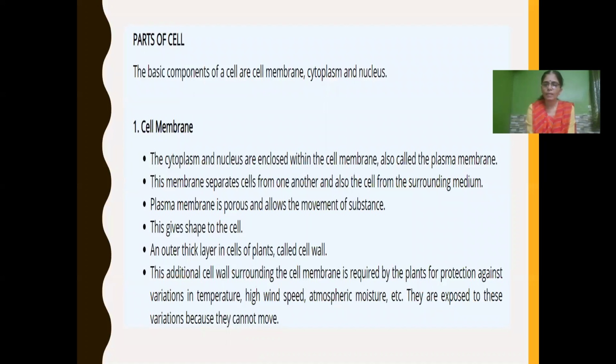As the plasma membrane is porous, it allows the movement of substances in and out of the cell, and it also gives shape to the cell. The outermost thick layer around the cell membrane in the plant cell is called the cell wall. Why is the cell wall required by the plant cell? For protection against variation in temperature, high wind speed, atmospheric moisture, etc., because they are exposed to these variations as they cannot move.